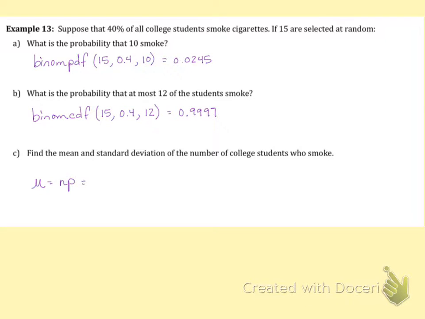So it makes sense that to find the mean, we would take 15 times 0.4, and we would get 6. Now it happens that we get a whole number here, but if you don't get a whole number, say I had gotten 6.43, then leave it as 6.43. Do not round that value. It's okay that an expected value is a decimal.